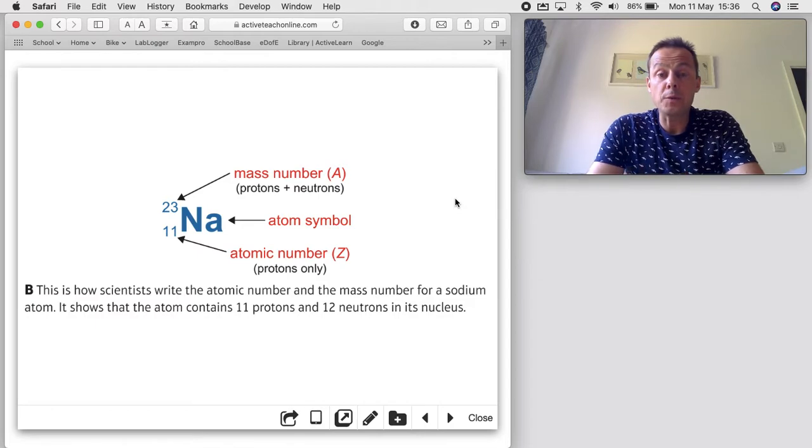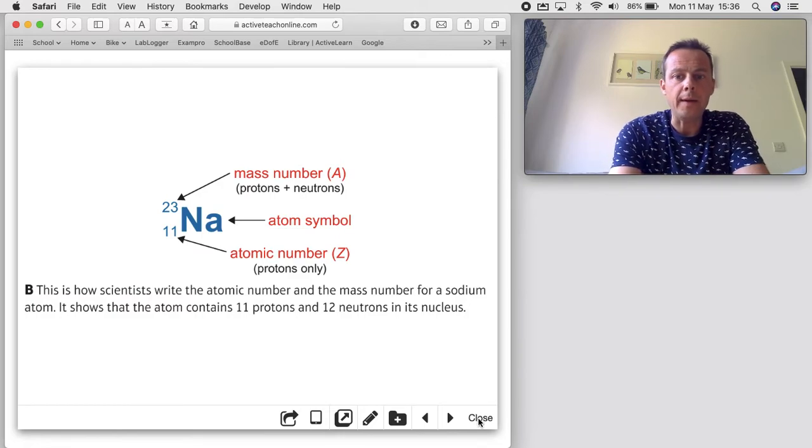The two particles that have some mass are protons and neutrons. So to work out the number of neutrons, we take the mass number, in this case 23, and subtract 11 from it. So that will give us 12. So we know that there will be 12 neutrons in sodium.